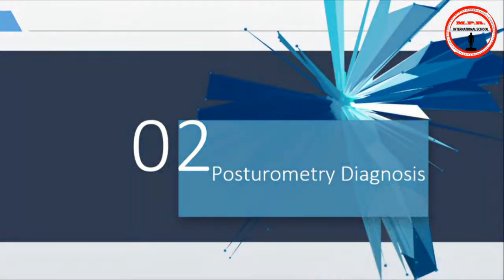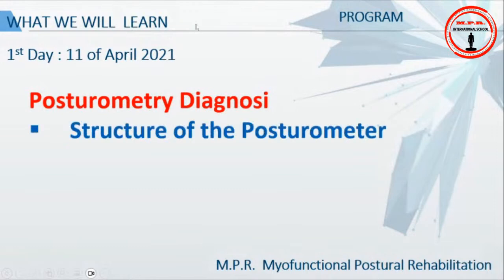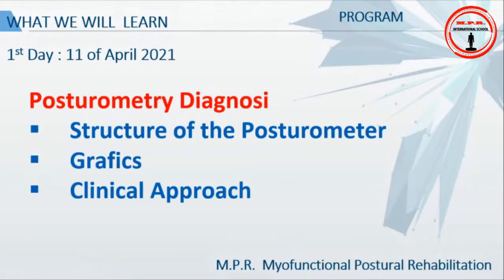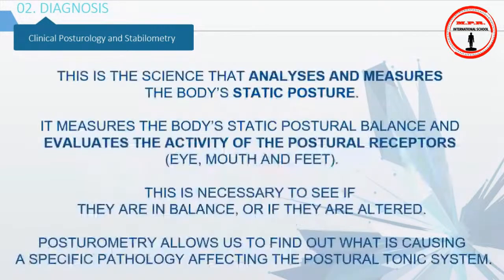Remember, posturometry is an instrument, the posturometer. The posturometer gives a diagnosis with graphics, stabilometry, and posturometry. This is not a personal posturometer, but just to tell you what it is. With this posturometer, we study the balance of the receptors, and that's very important.